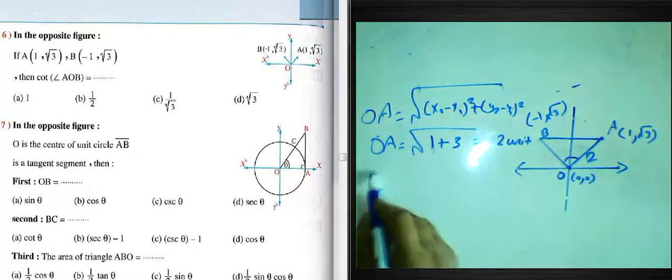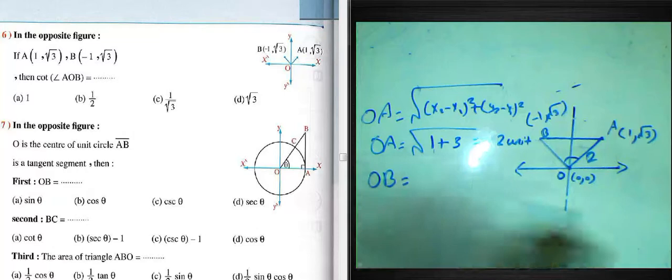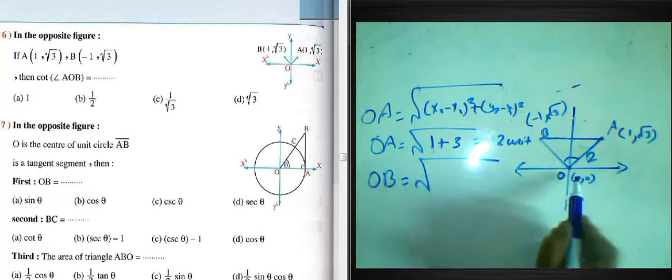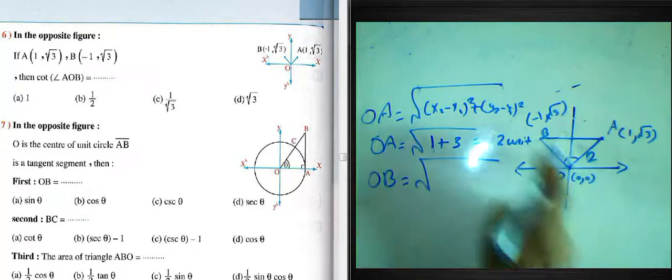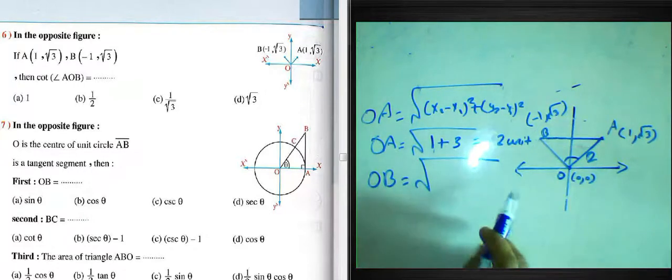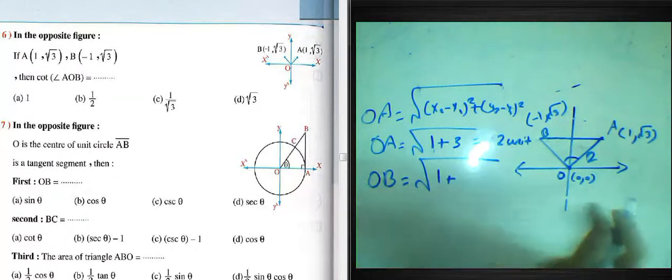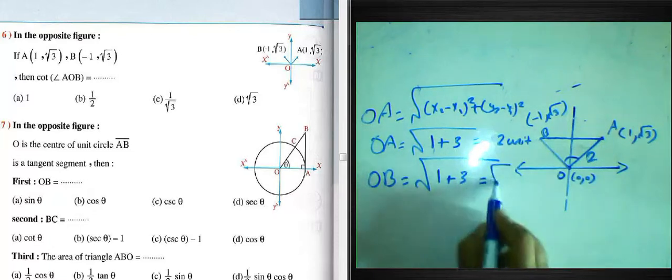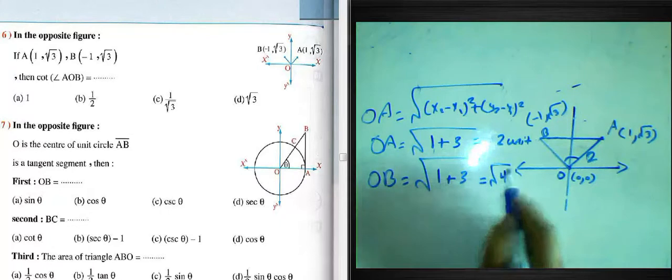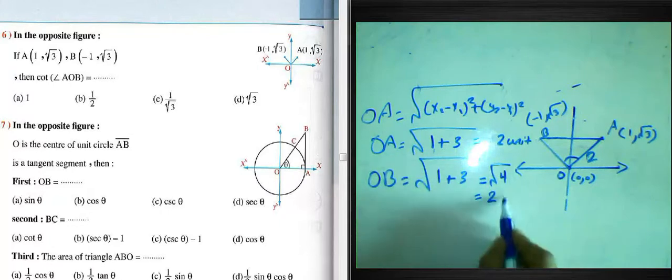And OB, we can find the length of OB, because O is 0 and 0 and B is -1 and root 3. 0 minus -1 equals positive 1, to the power 2 equals 1. 0 minus root 3 equals root 3, to the power 2 equals 3. The result will be root of 4. The root of 4 will be 2 units.